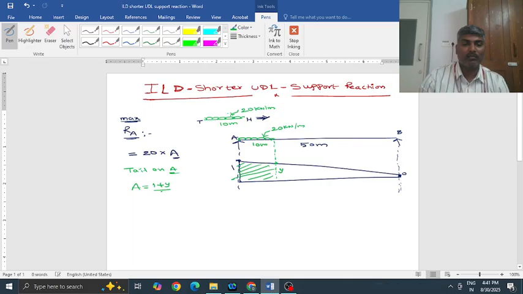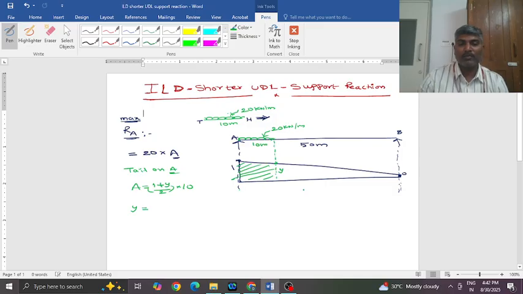The area is 1 plus y by 2, the average of the parallel sides, multiplied by the distance between the parallel sides, which is 10 meters. Once you know the y value, you can know the area of ILD occupied by the load. So how do you get the y value? It is from similar triangles.